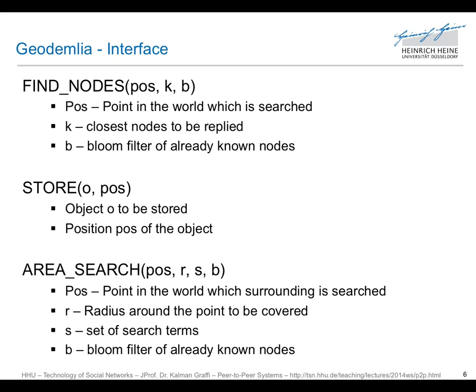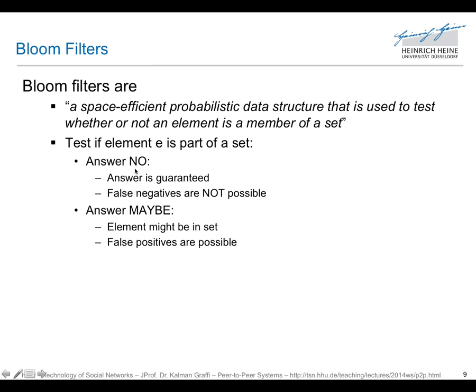And if it's a maybe, then it depends on whether you have better replies or not. So the no's are to be preferred. You can always rely on this no. This answer is guaranteed, and false negatives are not possible. On the other side, the drawback is that a maybe is a maybe. It might be yes, it might be no, we don't know.